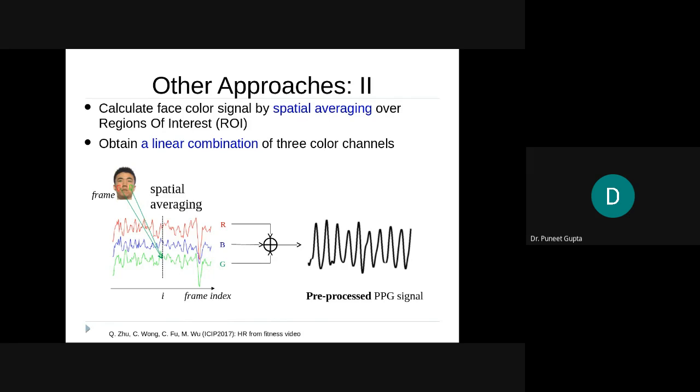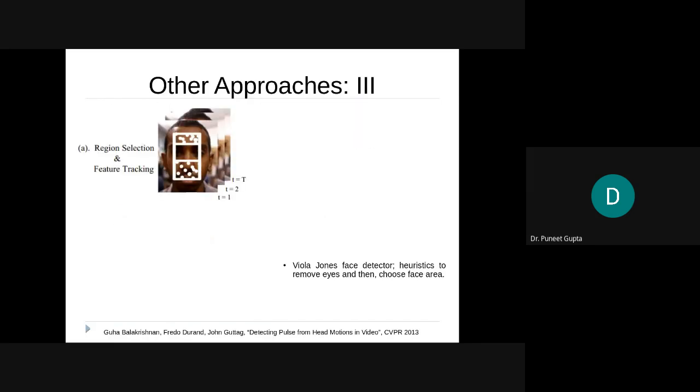Again, since we have already gone through a lot of these things, we can modify them in different ways. Probably most of the stuff we know, only these three approaches I am covering, because the first one is the way by which everything got started. The second one shows that yes, we can use it for exercise monitoring, and the third approach is slightly different from what we have seen.